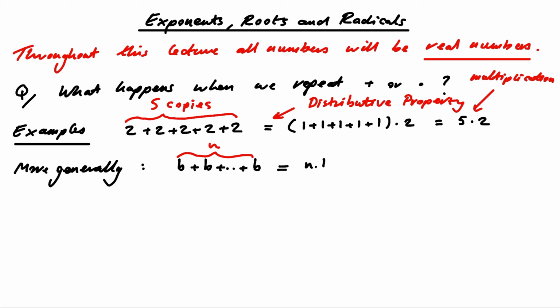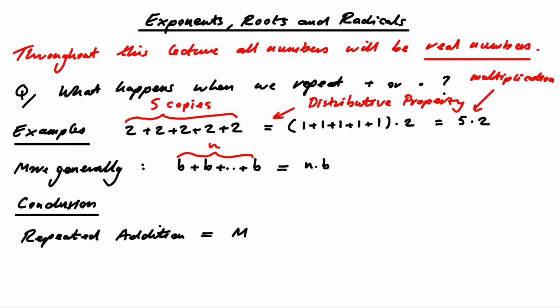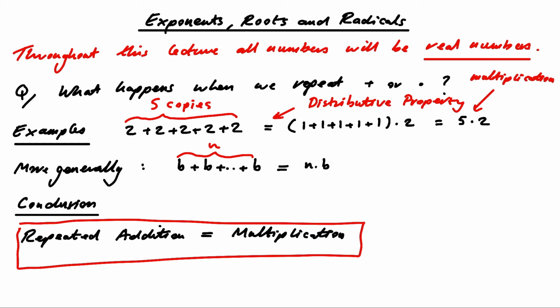This is basically how you define multiplication, at least for positive whole numbers. So what's the conclusion? The conclusion is repeated addition is multiplication at the end of the day. So let's make sure that's written down. Repeated addition is just multiplication. So let's make sure that's pretty carefully highlighted.